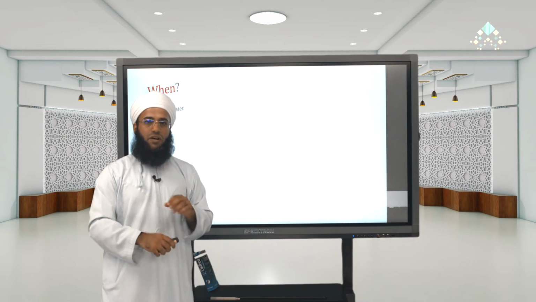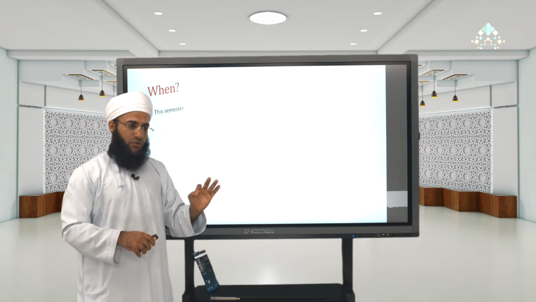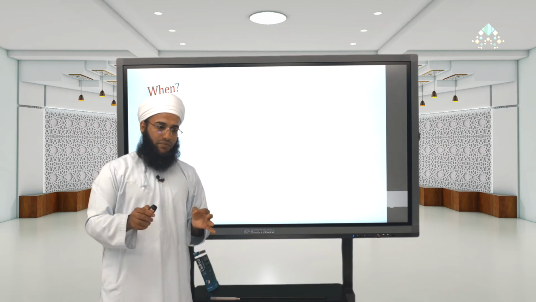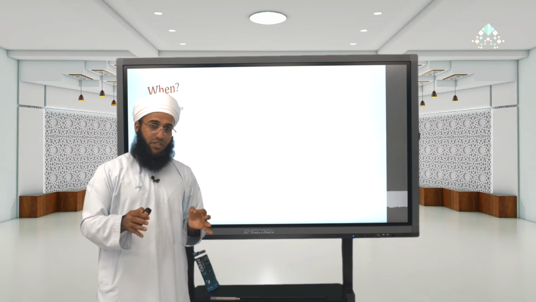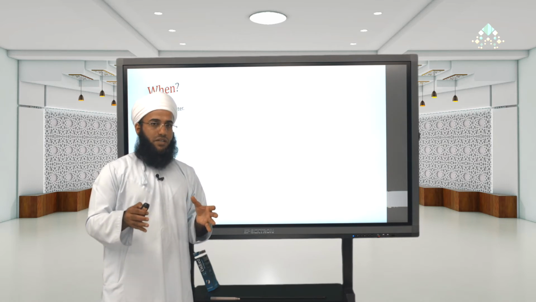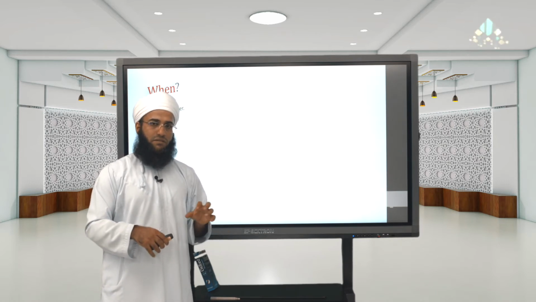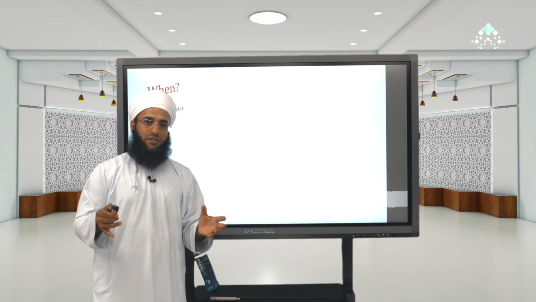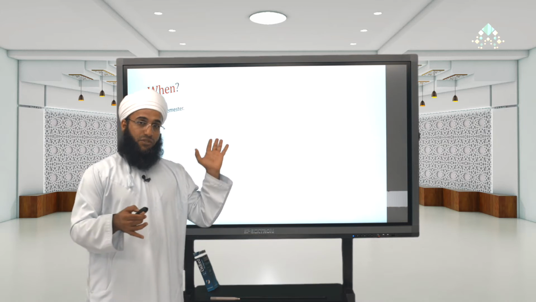So you need to have time. So that's why I say when. So when is an important subject that you need to think of when you want to achieve any task. So the answer for our question is when to achieve your objectives for this course.